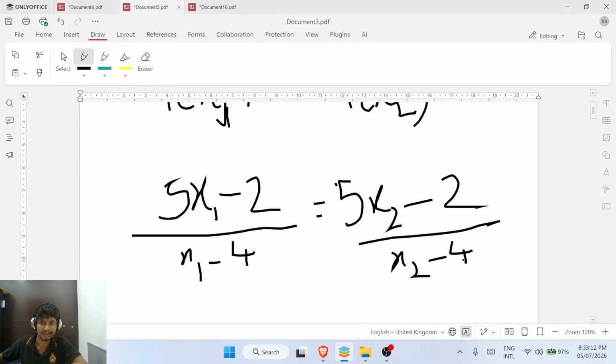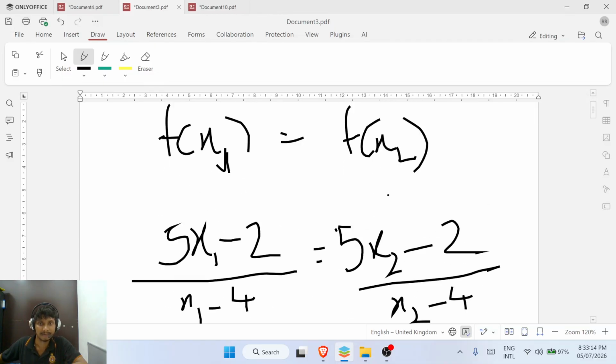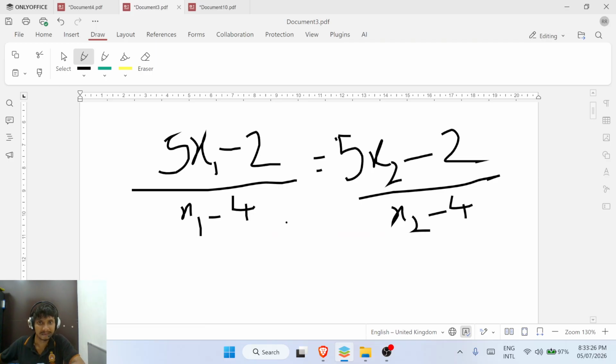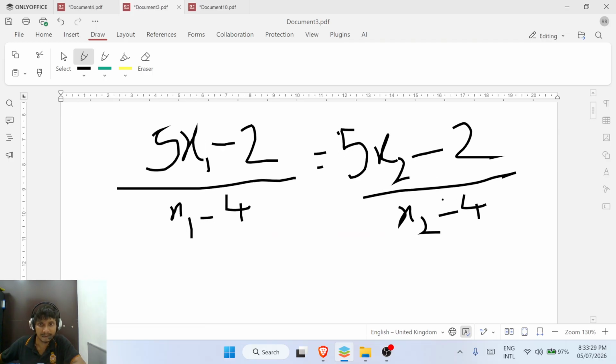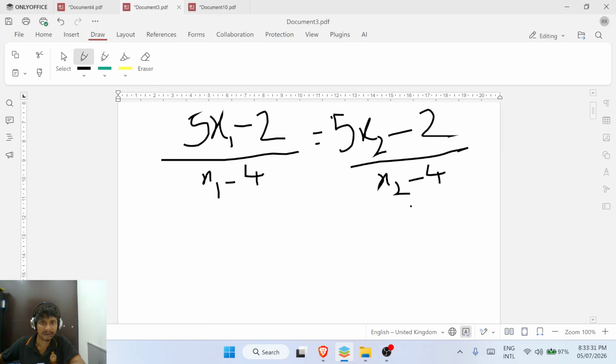Why? Because if we substitute x2 in the function f of x instead of x, we get this very simply. Now we multiply the numerator and denominator crosswise.